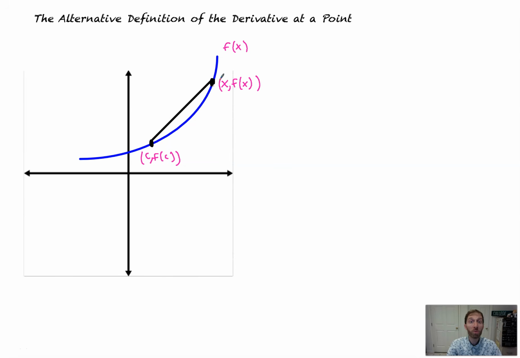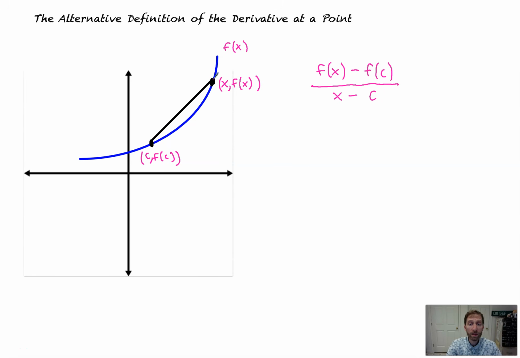And now we find the slope of that secant line, which is f of x, that y value, minus this one, minus f of c. That gives you y2 minus y1, all over x2 minus x1, or the change in x. Now that gives us the slope of the secant line.